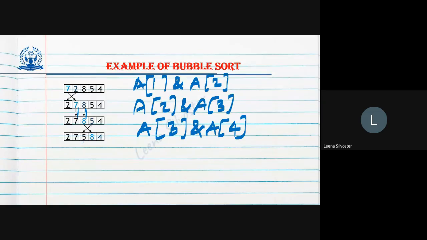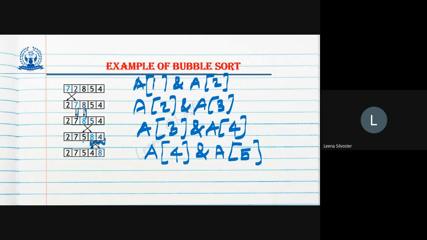Then what is the next step? We have to compare A4 and A5. So 8 and 4 are compared. Is it in correct order?